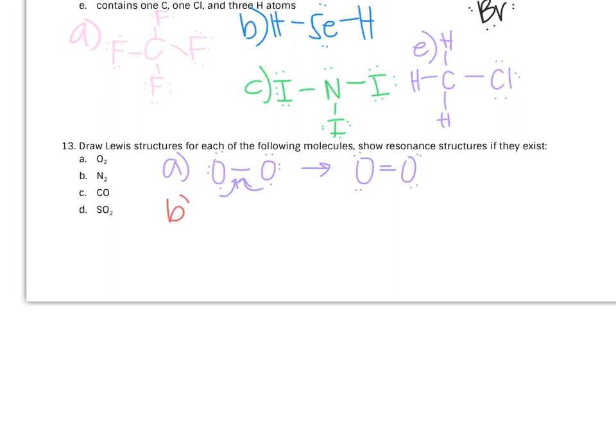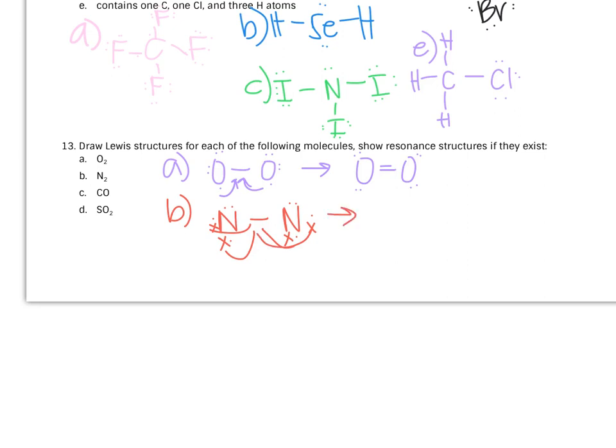B is nitrogen, which has 5 valence electrons. So we can assume it's going to at least form a single bond, leaving 1, 2, 3, 4. 1, 2, 3, 4. So this electron and this electron are not happy. This electron and this electron are not happy, meaning that all of them will come in to form a triple bond.